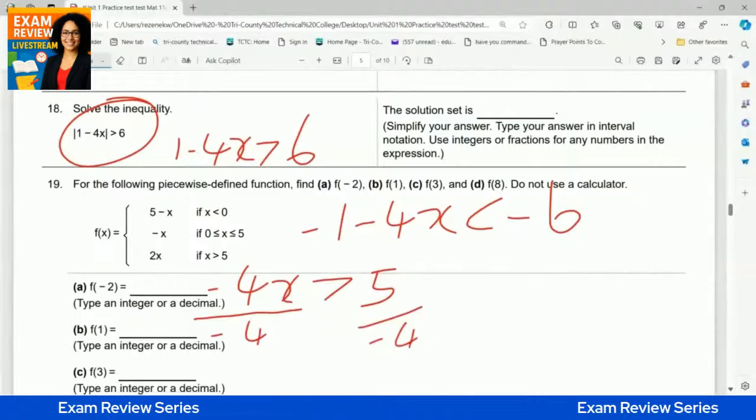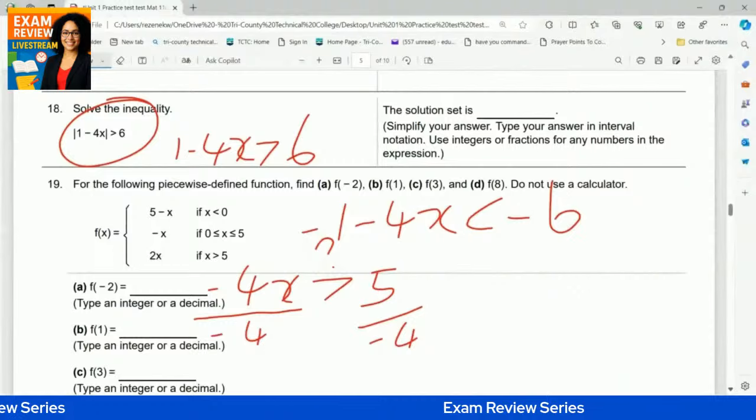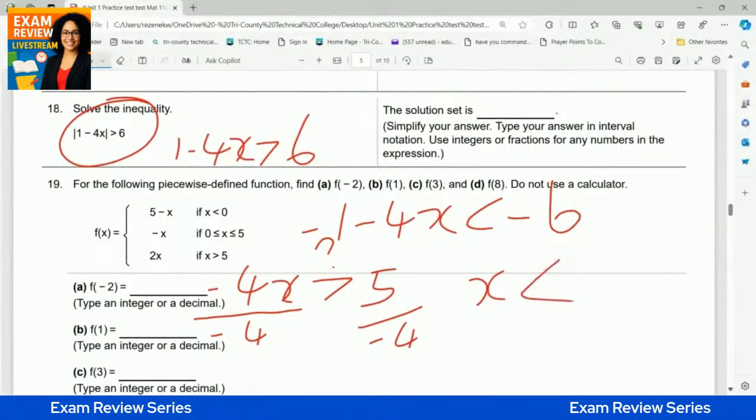What happens when I divide by a negative in inequality? The sign of inequality switches. Don't forget all those things you learned in middle school. Okay, so now I have x is less than, sign of inequality changes. X is less than negative 5/4.